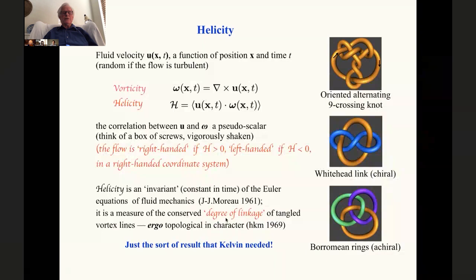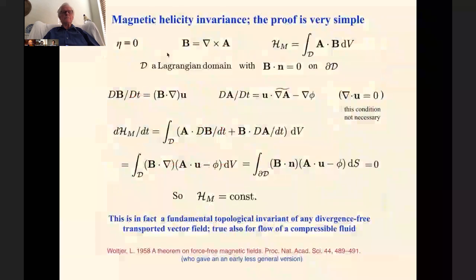It's a measure of the conserved degree of linkage of tangled vortex lines and therefore certainly topological in character, as I discussed in my paper in 1969. In a way, it's just the sort of result that Kelvin needed in his consideration of vortex knots. This is also something we'll come back to.